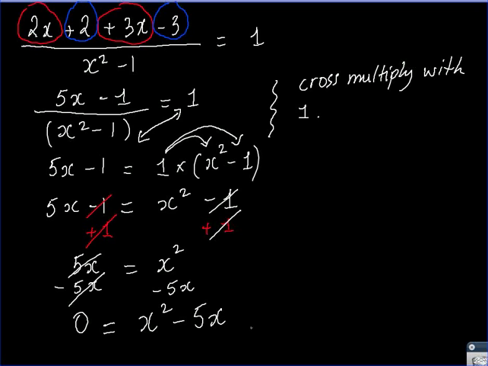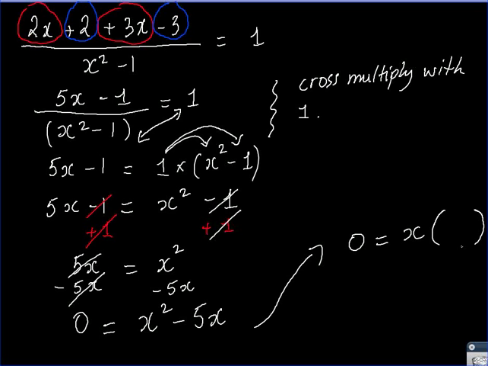And now finally, what I'm going to do is solve this equation by factorizing. I'm going to look at the x squared and the 5x, and ask myself what's the highest common factor for both of them. In our case, it's x. So I've got 0 is equal to x, that's my highest common factor.